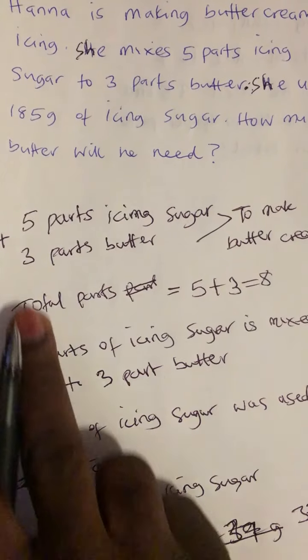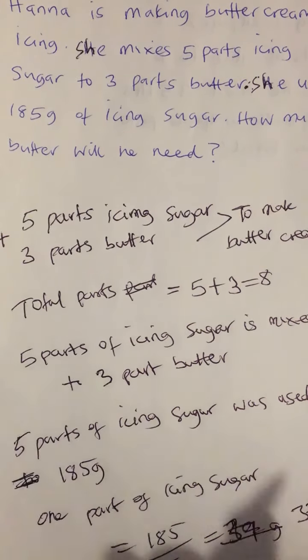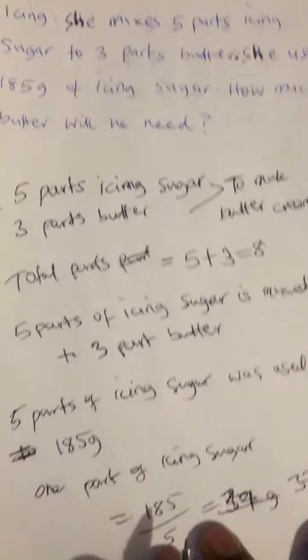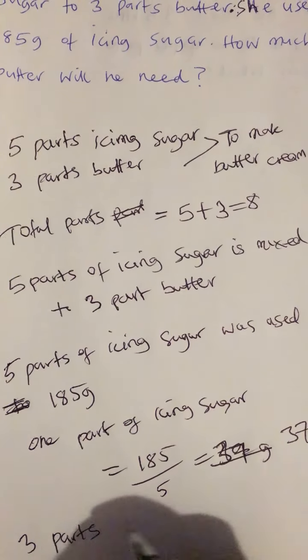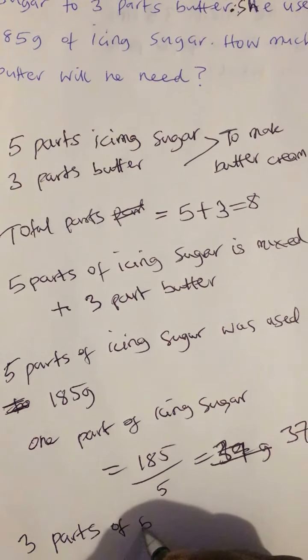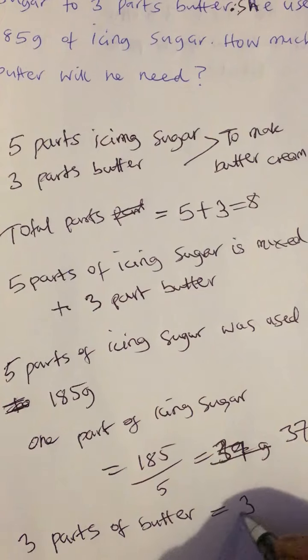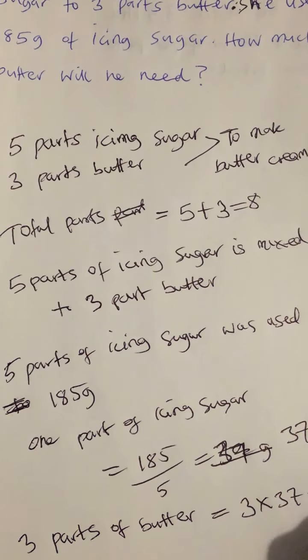So we're using 3 parts of butter. Since one part of the mixture is 37 grams, 3 parts of butter would be 3 times 37 grams, which is 111 grams.